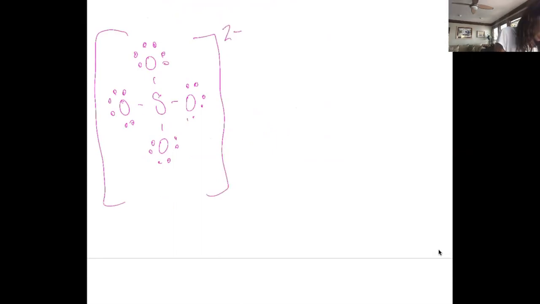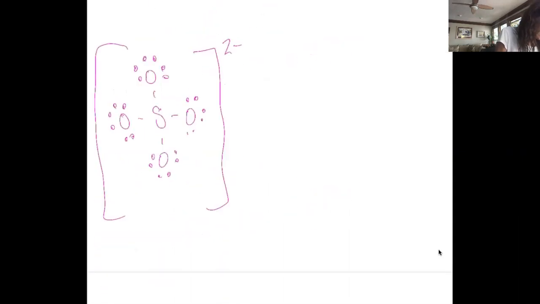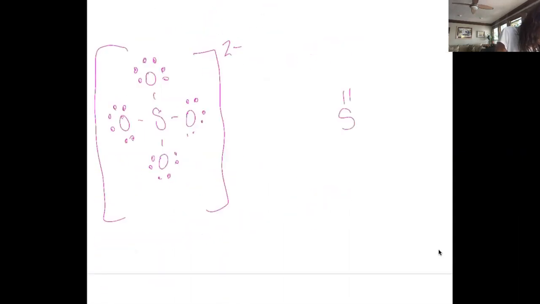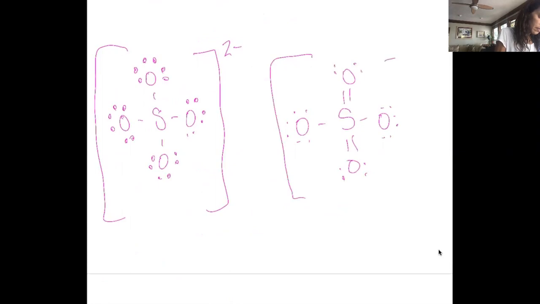Now, there's another structure that could be drawn. It looks like this. Okay, so you could be asked which is the better structure and why.